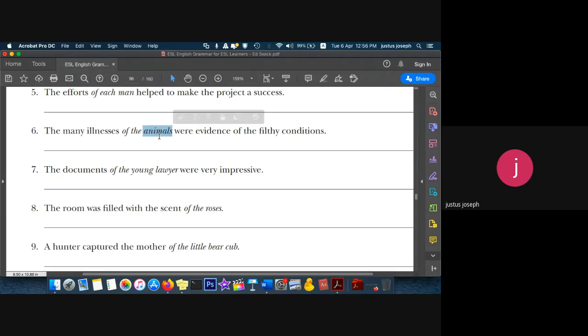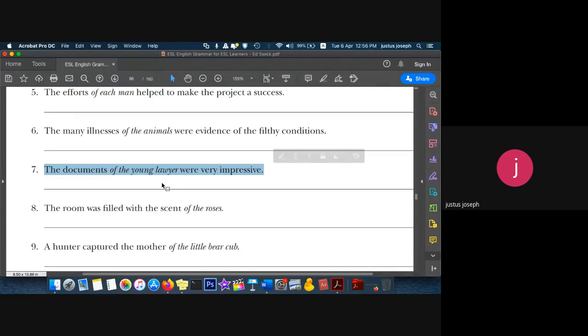There is not one animal, but there are many animals. And all these animals' illnesses. So the animals' illnesses were evidence of the filthy conditions.